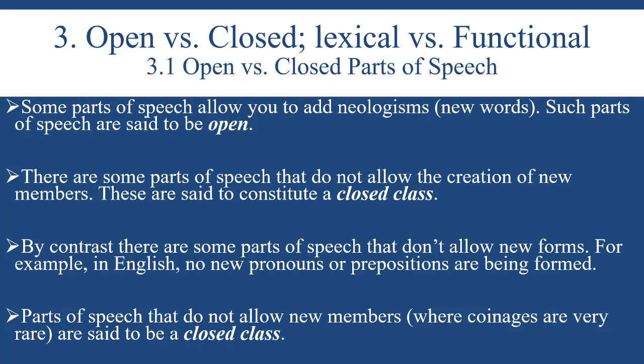We don't create pronouns or prepositions. But for example, we can create new nouns and new verbs, new adjectives, but we cannot create new pronouns and prepositions. So these pronouns and prepositions form a closed group.